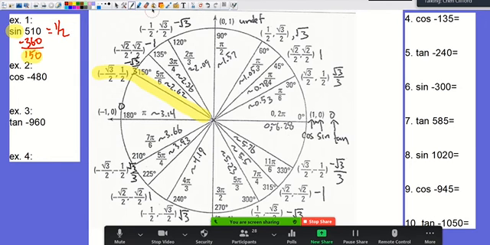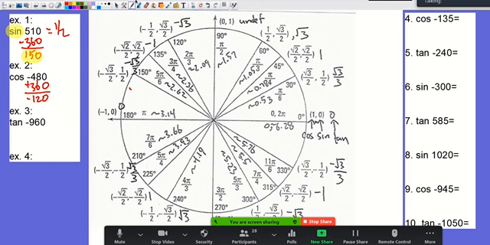Now cosine of negative 480, remember we have to take out an extra 360, so because it's negative, we're going to add a 360. Negative 480 plus 360 is going to be negative 120.